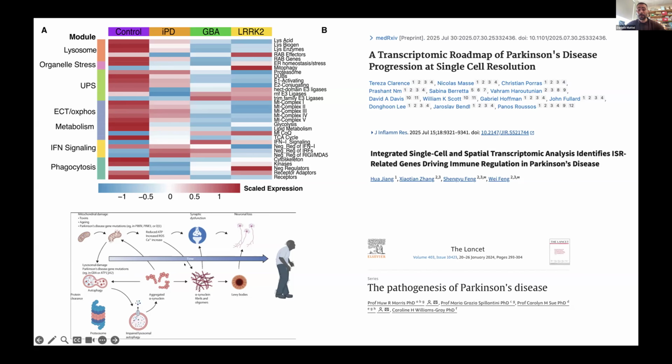And we see many similarities with what's going on in peripheral monocytes, which seems to mirror also what happens centrally with microglia. So this really highlights that there might be shared pathways that can be targeted to improve both neuronal health and immune functions.